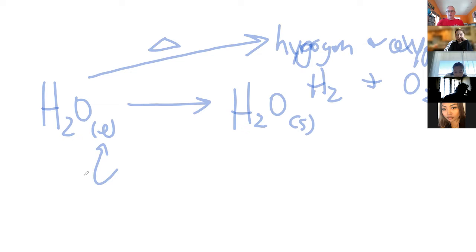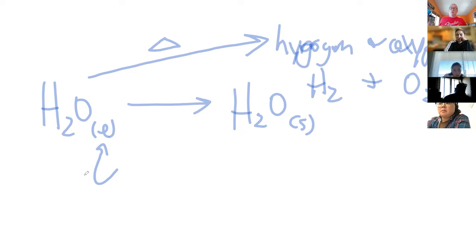No, I don't think anything's dissociating the hydrogen and oxygen in water. So are we getting H2 and O2, or what is the product when we add heat to liquid water? H2O. It's what? Steam, steam, exactly.